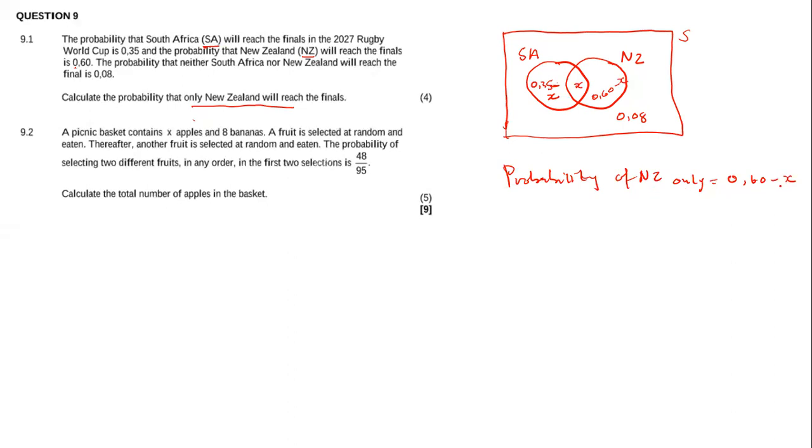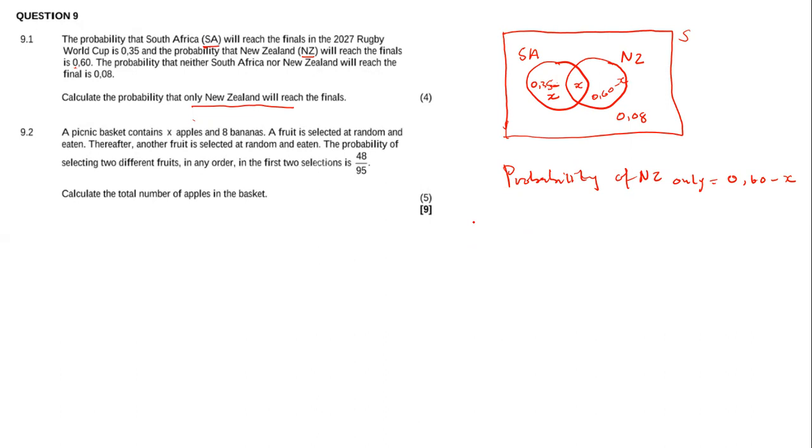But how are we going to get X? Now, this is what is happening. We're going to add all of these probabilities because, like I said, all of the probabilities in the sample space complement each other. So we're going to have to add all of these numerical values and equate it to 1.